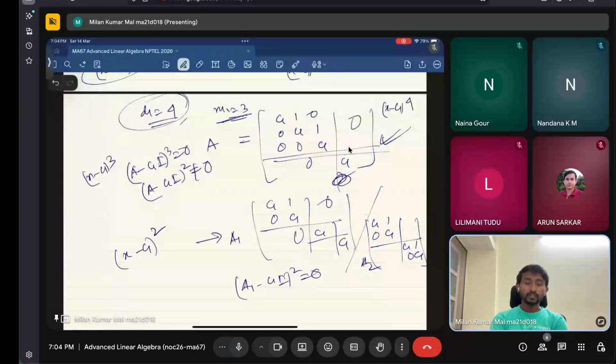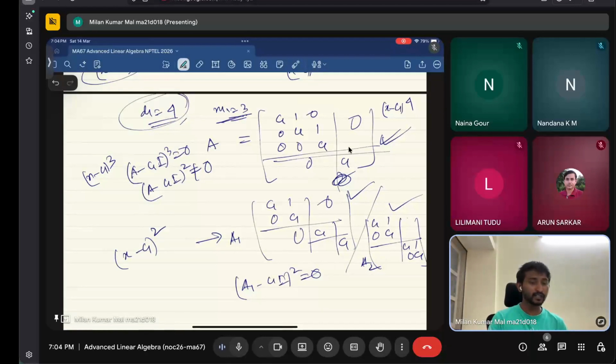For all three matrices A, A1, A2, that you can easily check. So these matrices have the same characteristic polynomial and the same minimal polynomial.